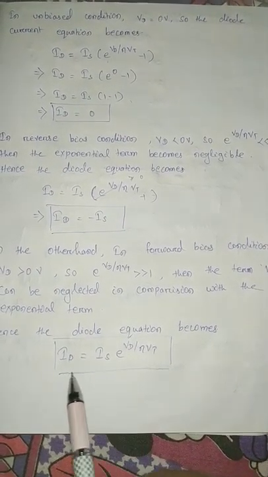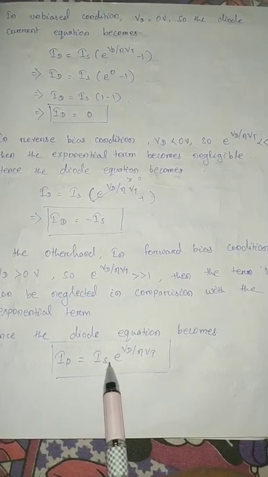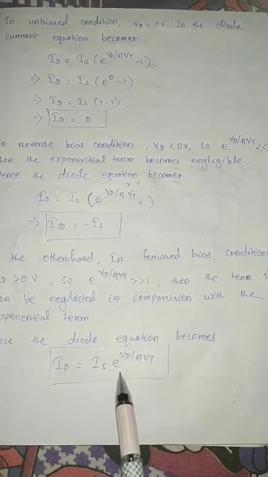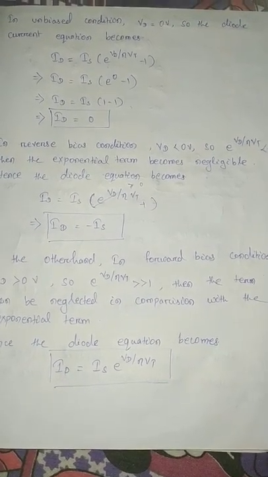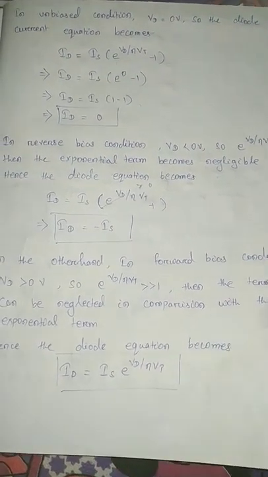So as you see, in forward bias condition the diode current increases exponentially. That is what we discussed in the previous part.